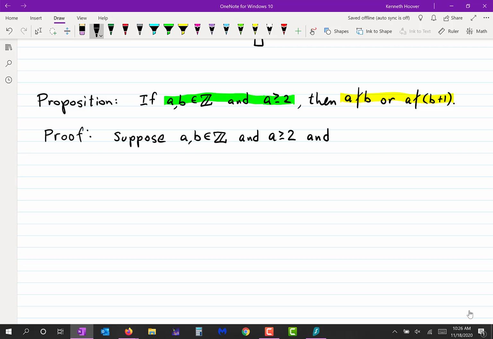So suppose a and b are integers and a is equal to or greater than 2, and it is not the case that a does not divide b or a does not divide b plus 1.